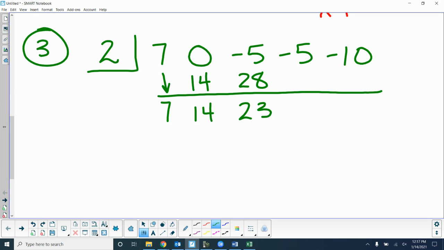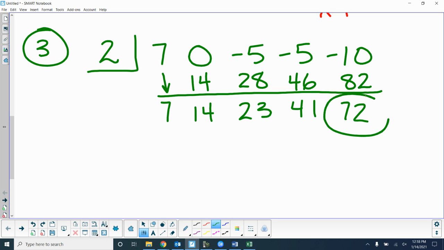What's 2 times 23? Ava, 41. Robert, what's the answer? And that's the third. No, because you don't need that part. The answer is 72. You don't have to do what Robert was starting. 7x to the third would have been right, but all we want is that.